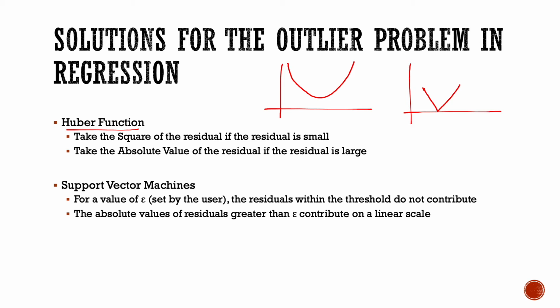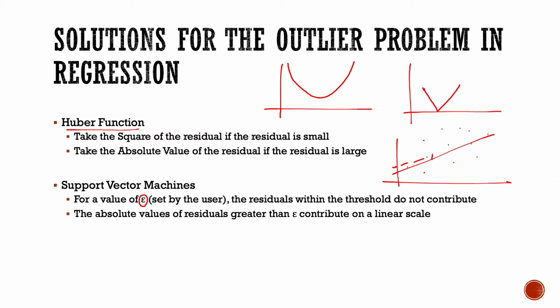What support vector machines do is that they take a value of epsilon, and this epsilon can be set by the user. Now when this epsilon is set, supposing we have a relation between two variables like this, and we try to figure out a line through these points like this, then I take an epsilon such that if the residual is greater than epsilon, only then will I consider that residual for forming an impact on my regression line.